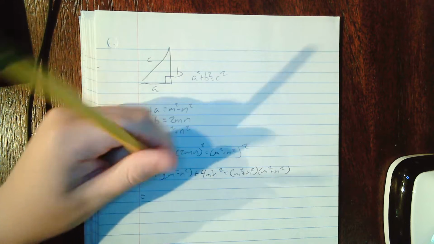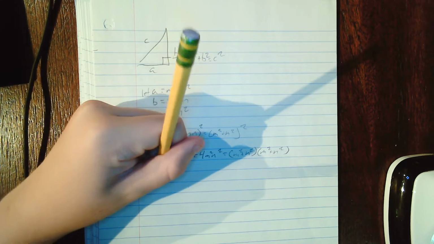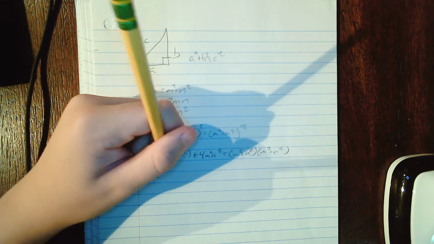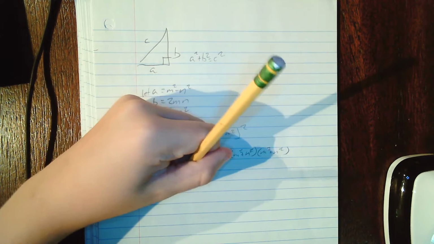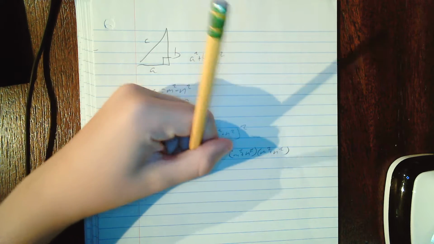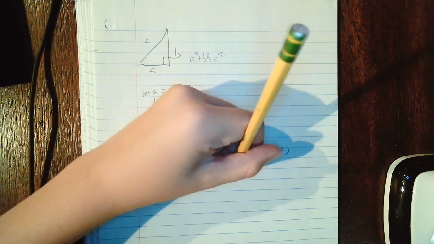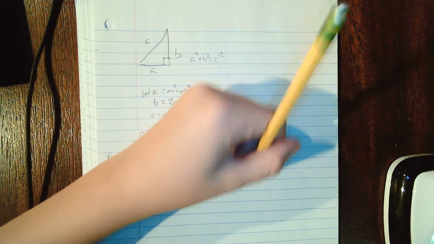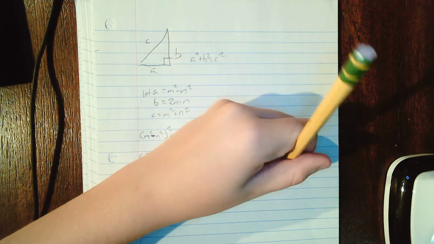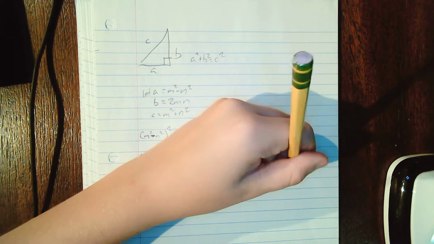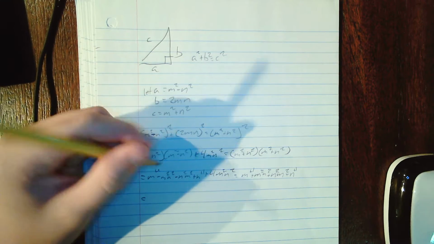So now we can multiply these two. We get m to the 4th minus m squared n squared minus n squared m squared plus n to the 4th, plus 4m squared n squared, equals m to the 4th plus m squared n squared plus n squared m squared plus n to the 4th. We can simplify this down slightly.